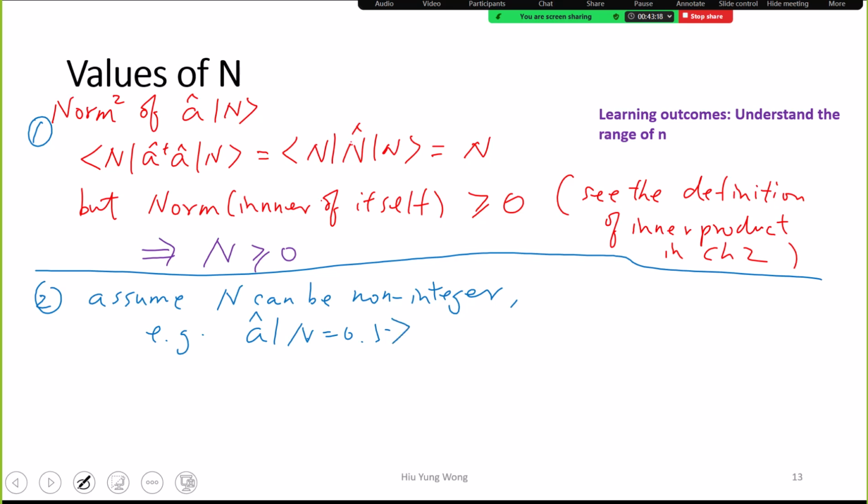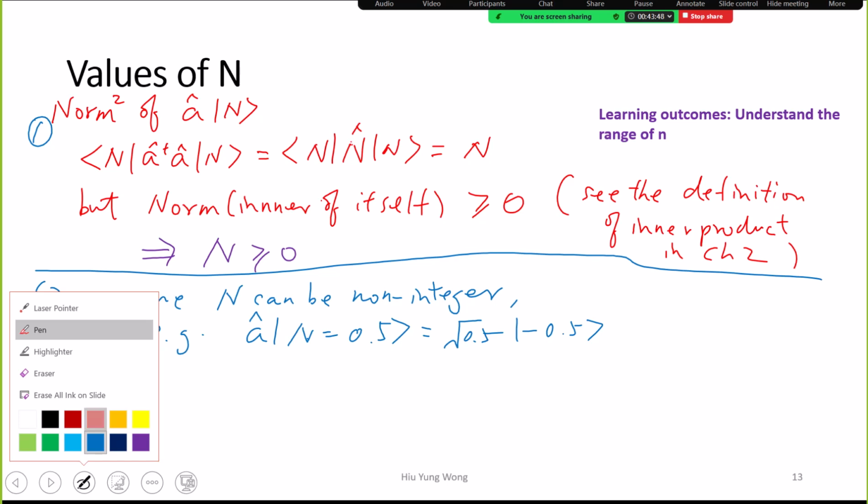What will you get based on everything we have learned so far? When you apply a to n equal to 0.5, what will you get? Equal to the square root of n times |n minus 1⟩, which is |−0.5⟩, right?